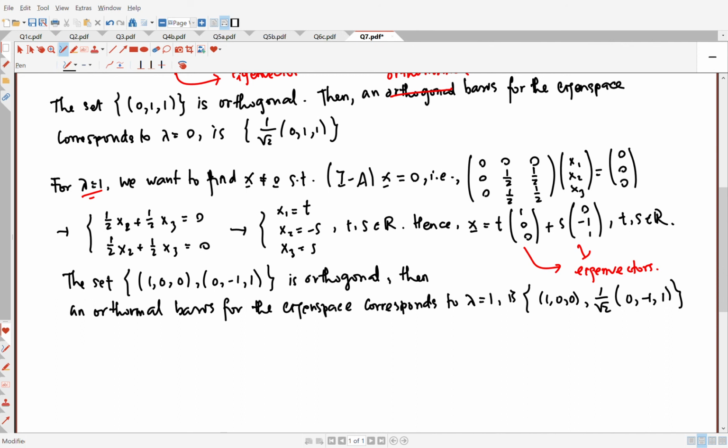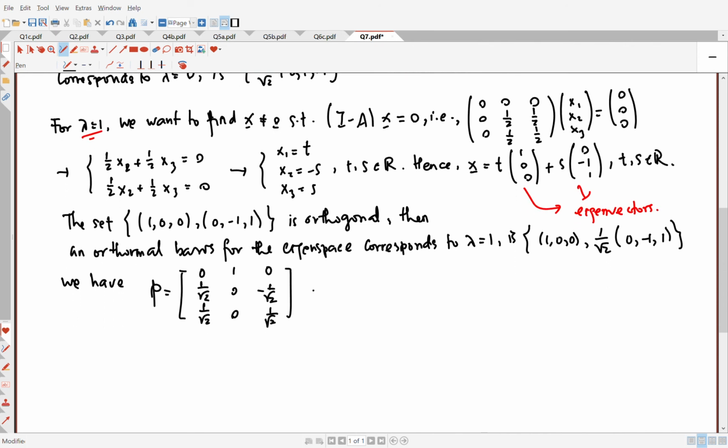So we have P equal to, just copy, (0, 1 over square root 2, 1 over square root 2), (1, 0, 0), (0, minus 1 over square root 2, 1 over square root 2).